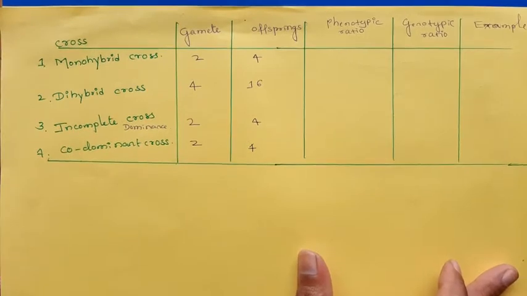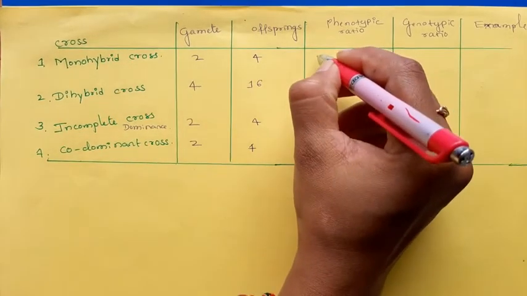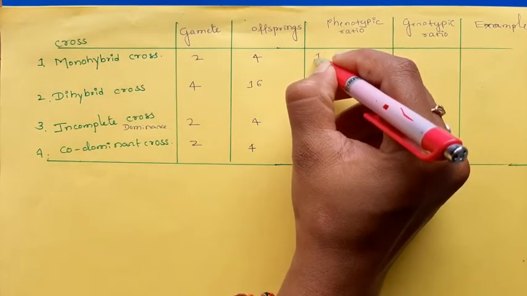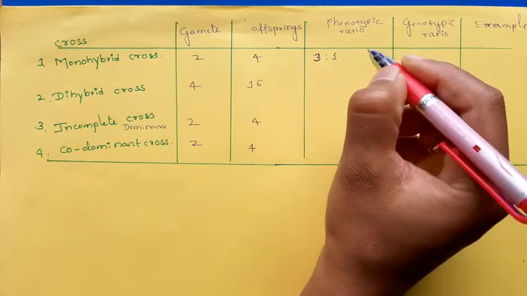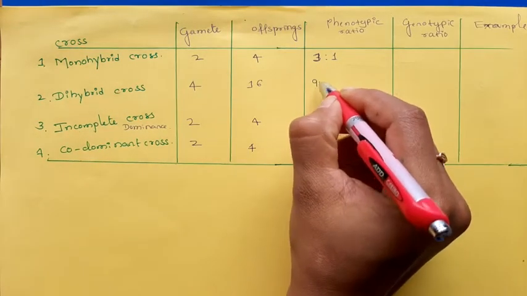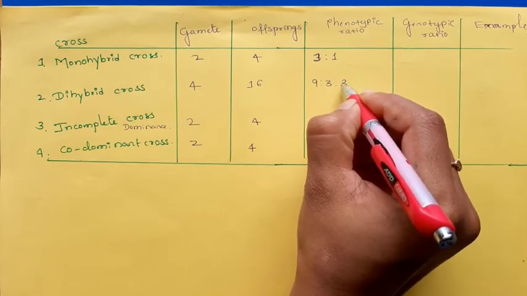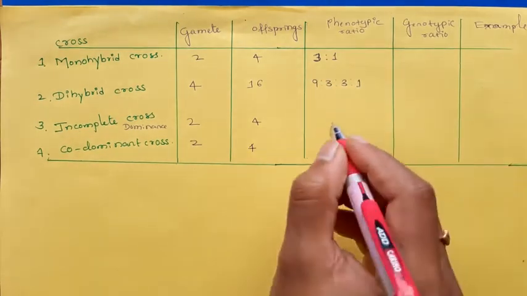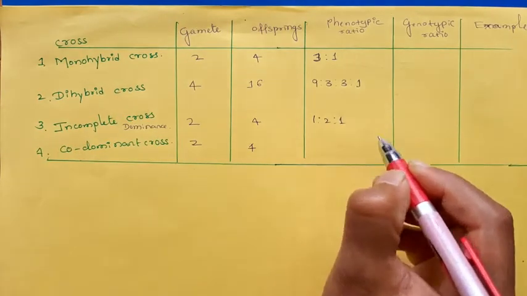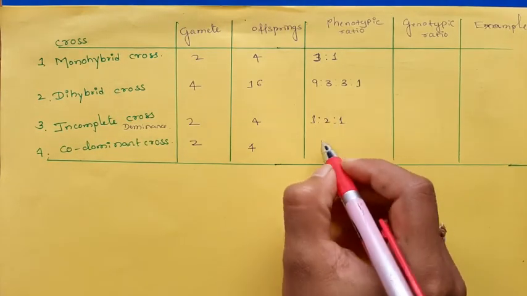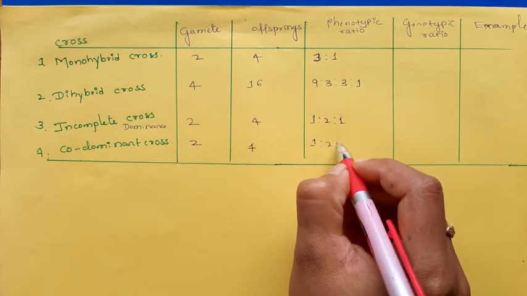Then the phenotypic ratio of monohybrid cross is 3:1, dihybrid cross 9:3:3:1, incomplete dominance 1:2:1, and the same for codominance, 1:2:1.